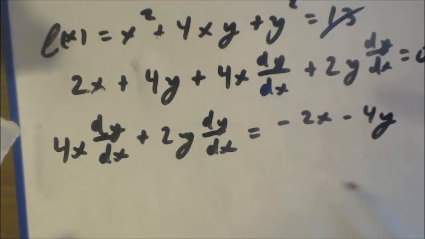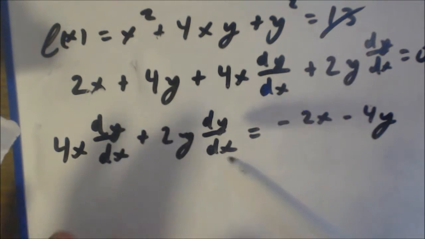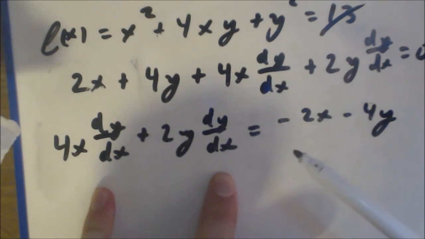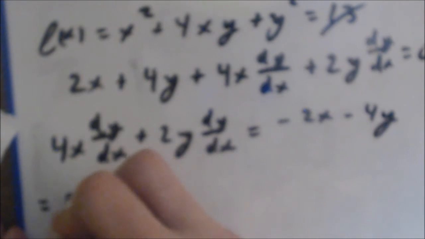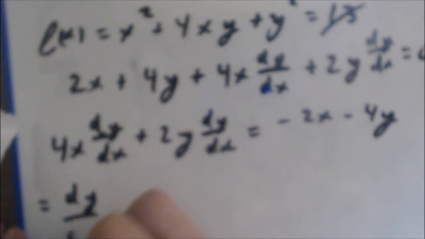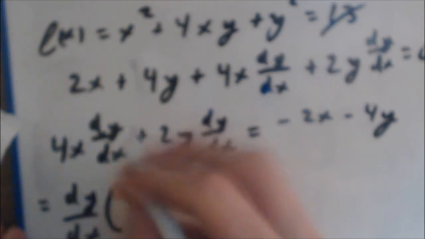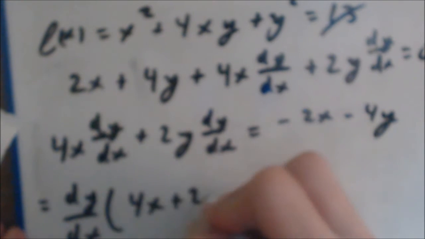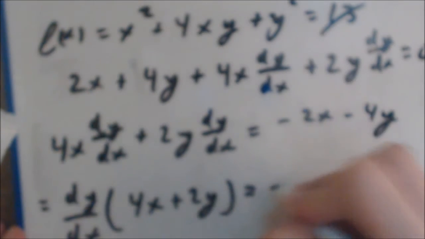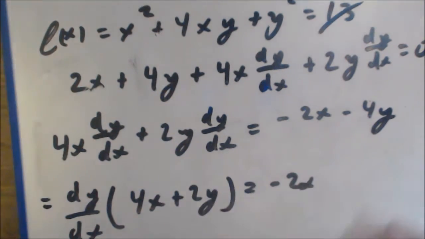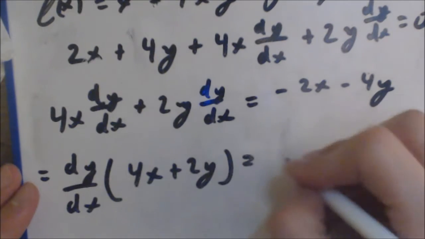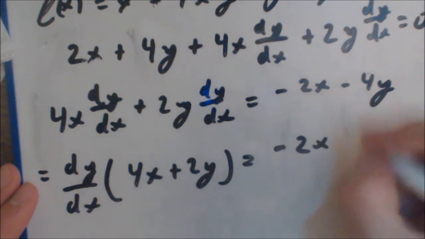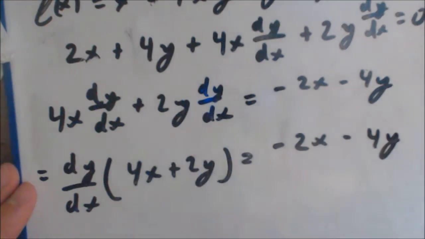Now from here, you can factor out the dy dx. So we'll be left with dy dx times 4x plus 2y equal to negative 2x minus 4y.